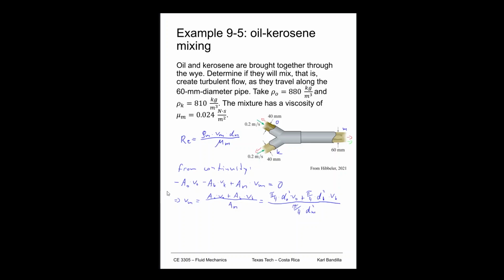Of course, that means we can get rid of all of those pi over 4s. They just cancel out. So we're left with d oil squared times v oil plus d kerosene squared times v kerosene divided by d mixed squared.